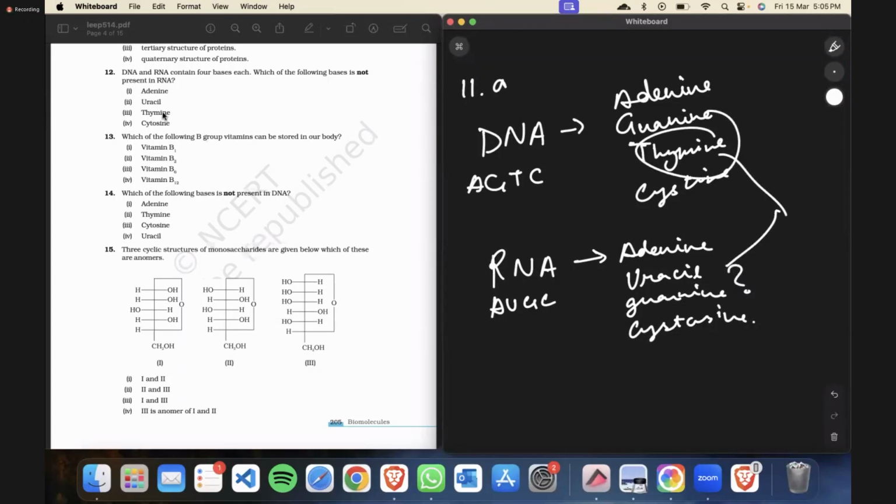And in this question, what are they asking? DNA and RNA contain four bases each. Which of the following is not present in RNA? So thymine is the correct answer for question number 12.